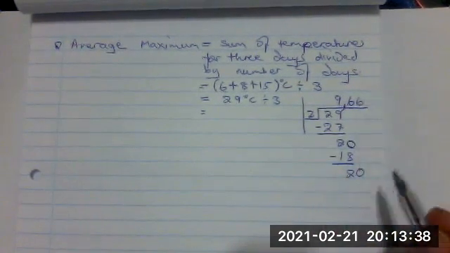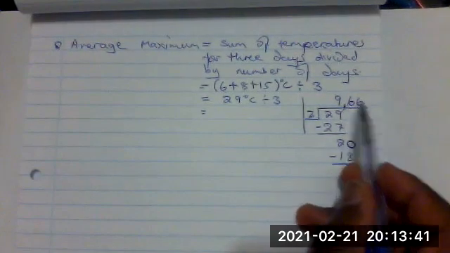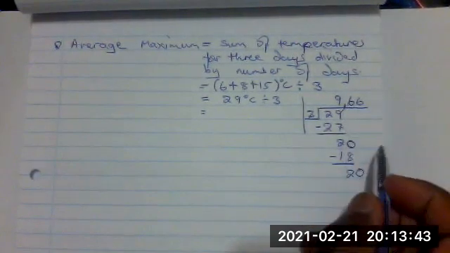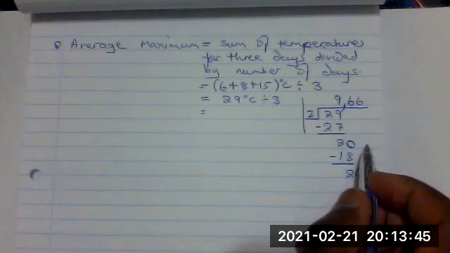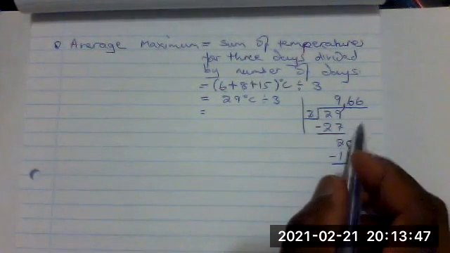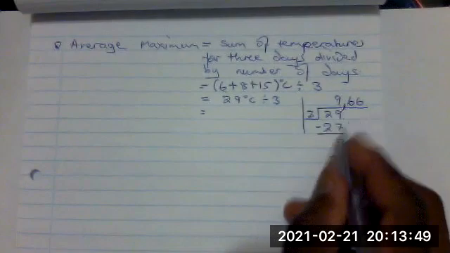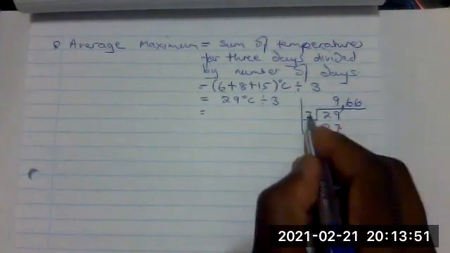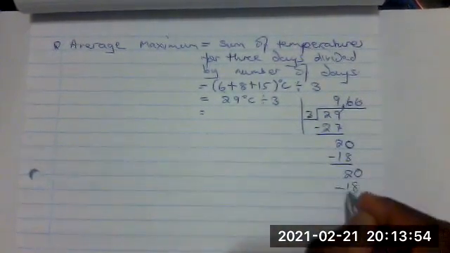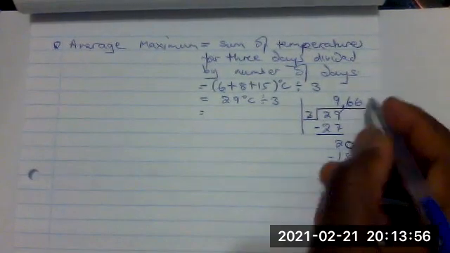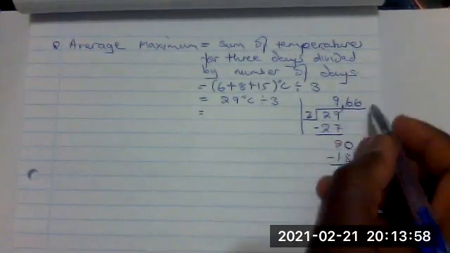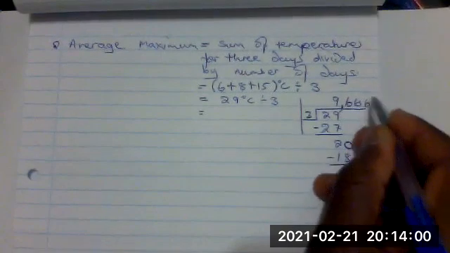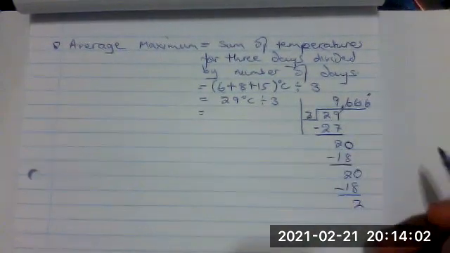Then I'm going to estimate this answer to 1 decimal place. Since I now have 2 decimals after the decimal point, we can make use of that. 6 by 3, 18. Again, we have 2. So it's going to be 9.666, recurring.